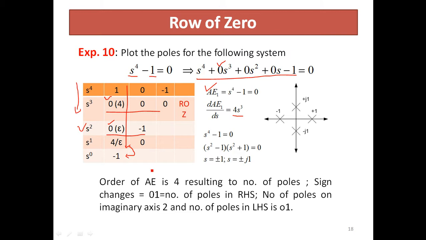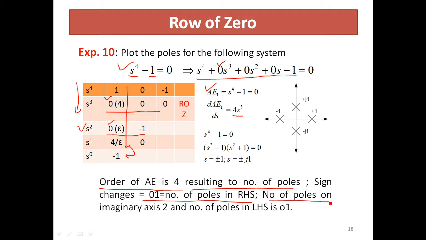Now come to analysis part. Order of auxiliary equation is 4. Resulting number of poles 4. System is of also 6th order. Sign change only once. Number of RHS poles 1.